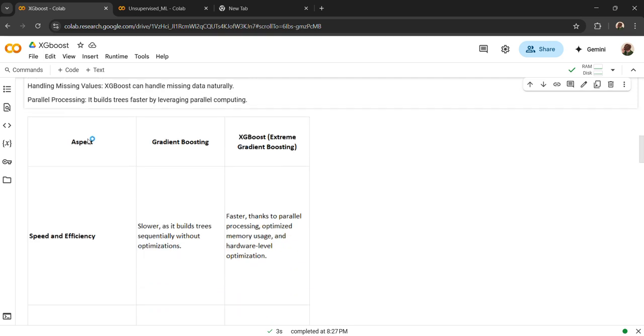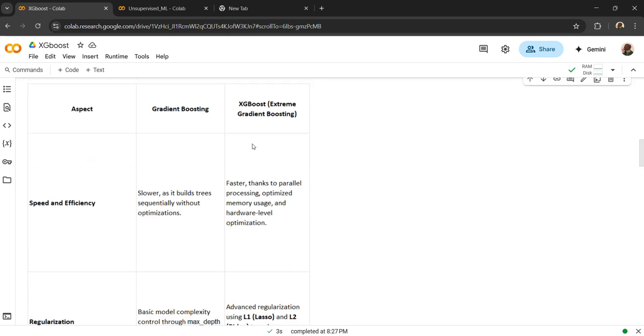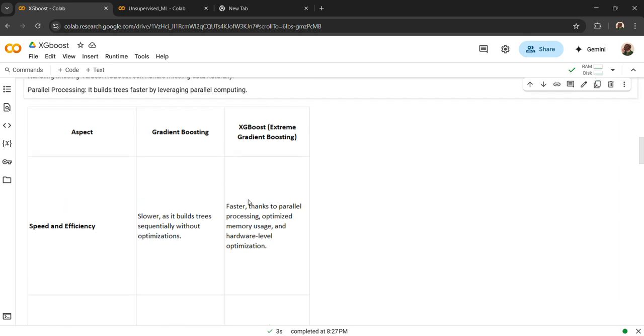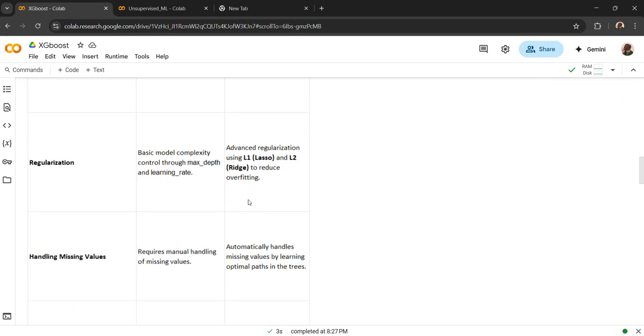And here I just provided you the simple differences between XGBoost and gradient boosting. Here you can see speed and efficiency wise, XGBoost is somewhat faster because it is extreme. It will consider extra parameters than gradient boosting. And regularization versus advanced regularization like L1, L2, which we already discussed.